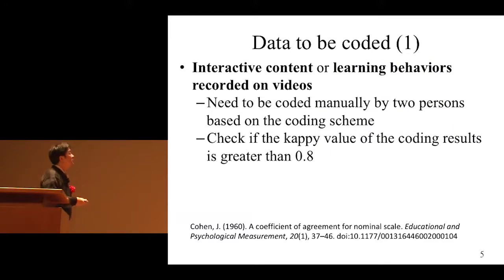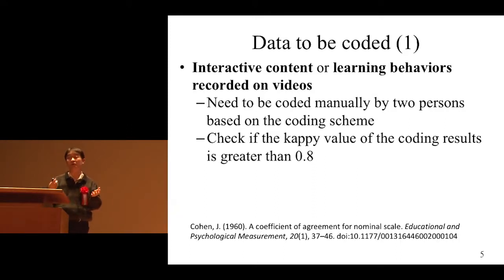Usually those behaviors need to be coded manually if we do not predefine them when designing or developing a game, or if we use other people's game. In that case, we need two persons to code manually based on the coding scheme we defined, and then calculate whether the kappa value is big enough.